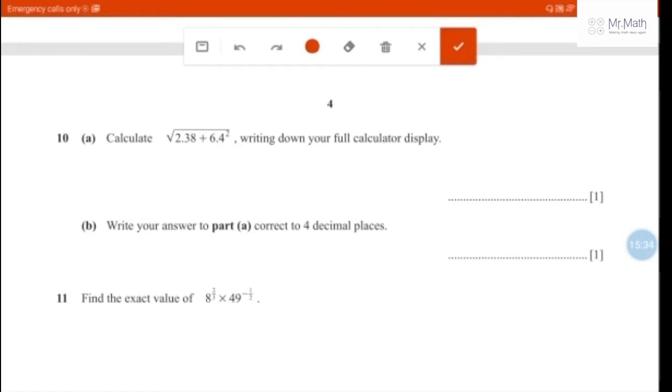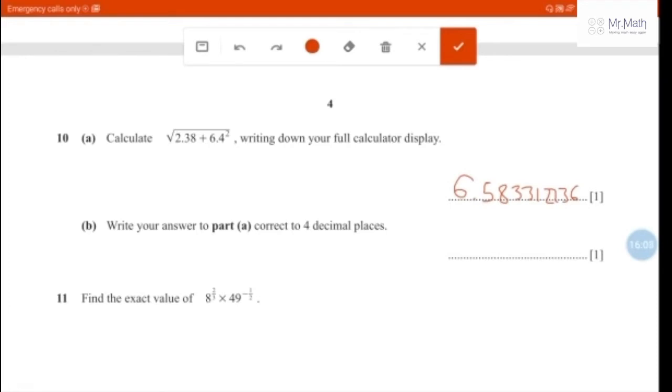Here I just have to put into the calculator the square root of 2.38 plus 6.4 squared, and the answer is 6.583312236. So I just write down the full answer that was displayed on the calculator.